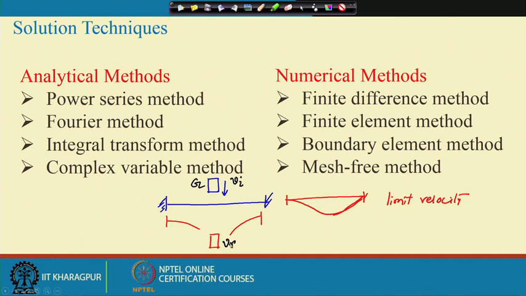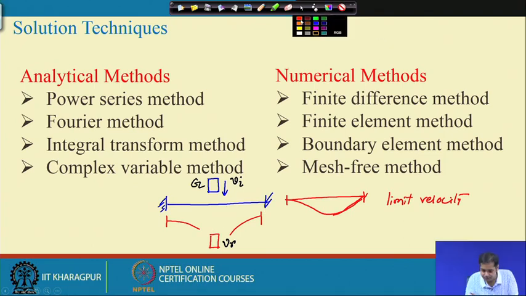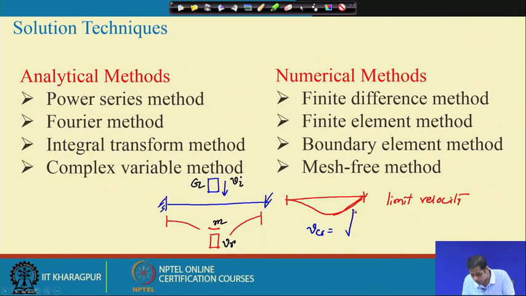Suppose that after penetration some chunk of the target comes out with the projectile, with mass small m. Then there is an analytical formulation which says that the critical velocity would be the square root of Vi square plus g by (g plus m) times Vr square.